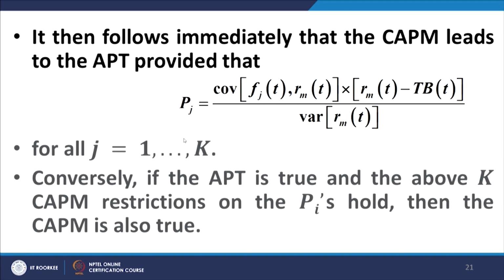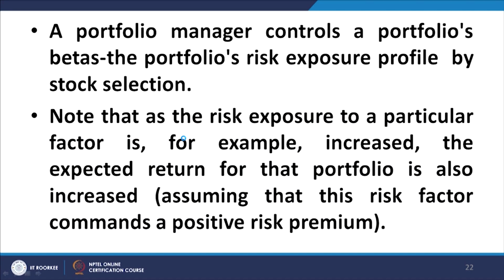And therefore, it follows that the CAPM leads to the APT model if the risk prices of the APT model satisfy the equation that is given on this slide. Conversely, if the APT is true and the above k restrictions on the risk prices of the APT model satisfy the equation that is given on the slide, then the CAPM will also be true. So, this is the relationship between the APT model and the CAPM model.